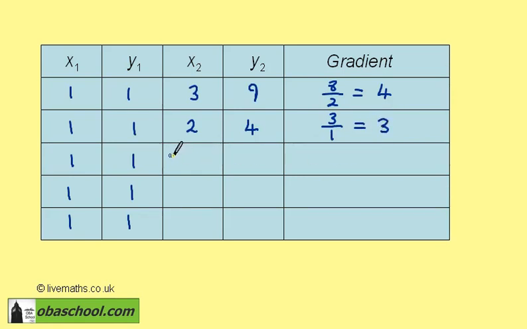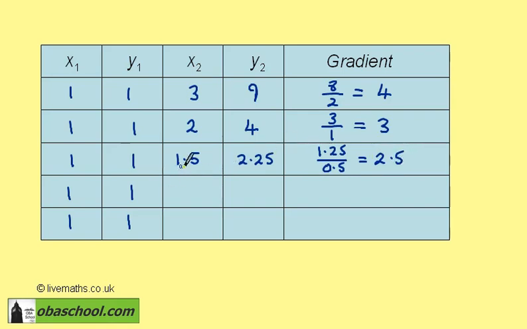Moving closer still to (1, 1), x is 1.5 and y is x squared, which is 2.25. That gives us 1.25 divided by 0.5, which is 2.5.